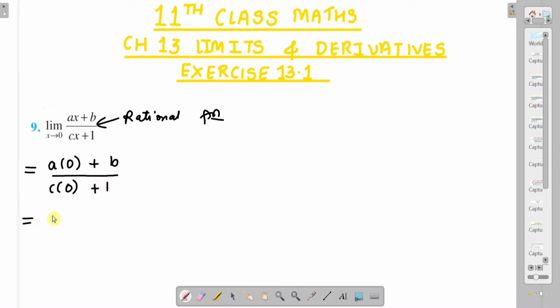So this is equal to 0 plus b divided by 0 plus 1, and that will be nothing but b divided by 1, that is equal to b. So this is the finite quantity, this is the definite number. So this is the answer for the problem 9.